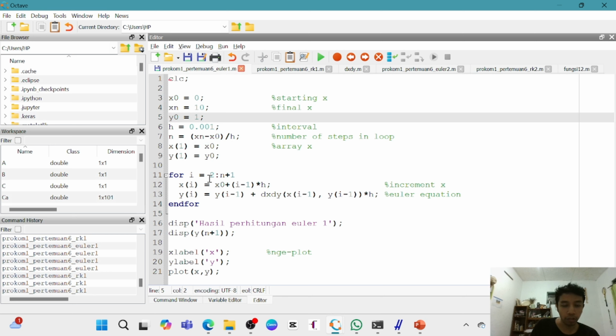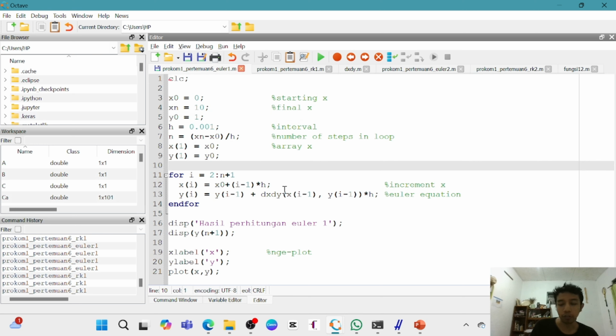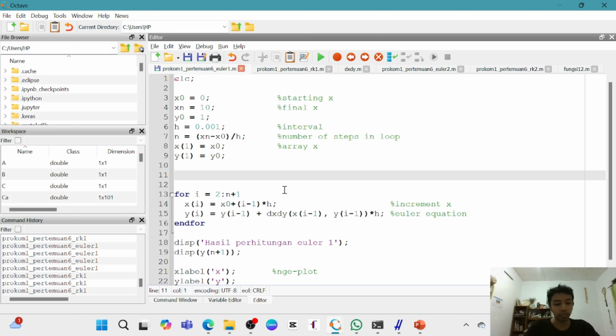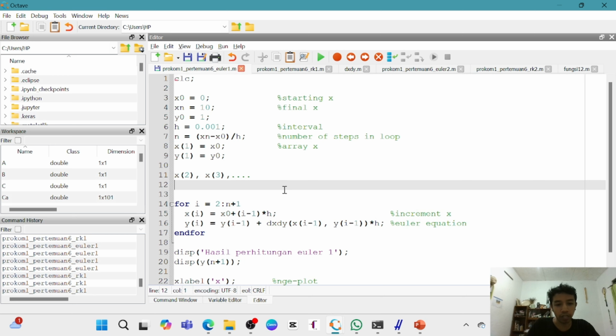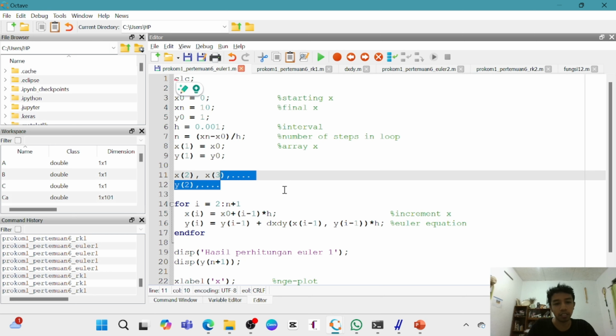Now we jump into the for loop. In the for loop, we add the next x and next y. What do I mean? We also calculate x2, then x3, etc., and also y2, etc. Right?